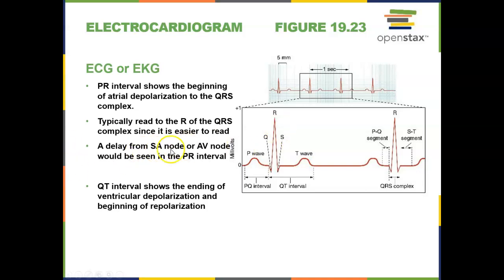A delay from the SA node or the AV node would be seen in this area, okay? And so it might show that there's a longer period between the atria and ventricles depolarizing. The QT interval, which you see over here, shows the ending of ventricular repolarization. So from the Q to the T, we have the ventricular depolarization and repolarization.